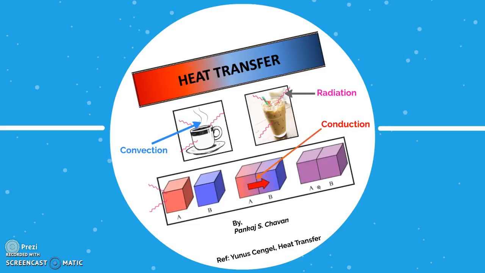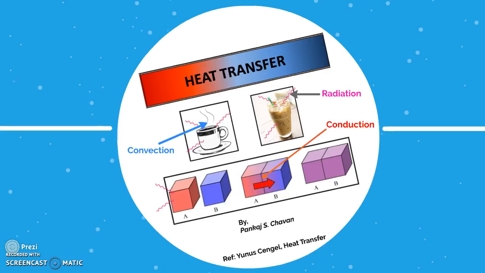And the study of such energy transfer per unit time is known as heat transfer, because we are also interested in determining in what time duration this transfer of energy will occur from one medium to another medium, and the subject of heat transfer is all about this.